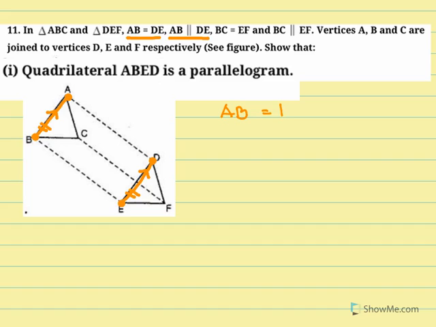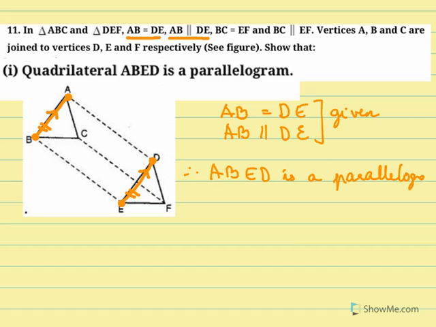So I write that AB equal to DE, given, and AB parallel to DE, this is given. Therefore I will write ABED is a parallelogram. The reason: when one pair of opposite sides are parallel and equal, the quadrilateral is a parallelogram.